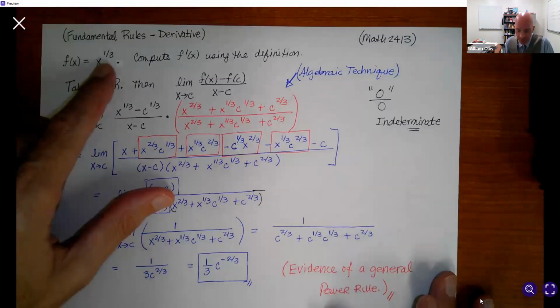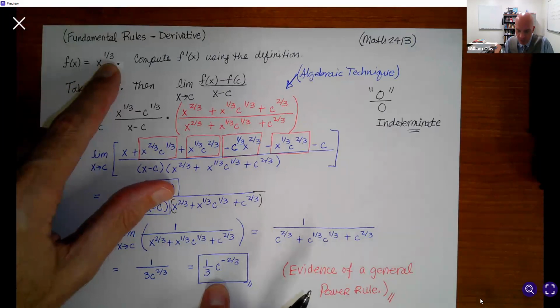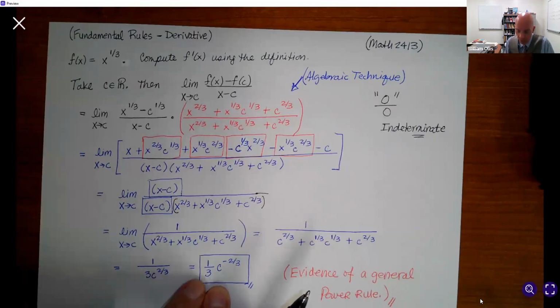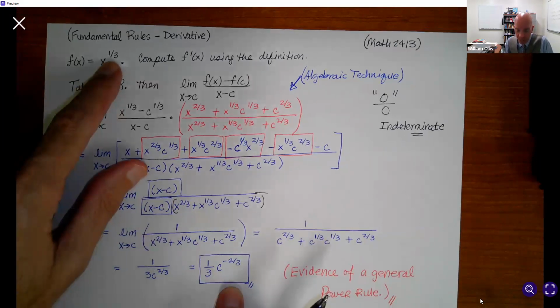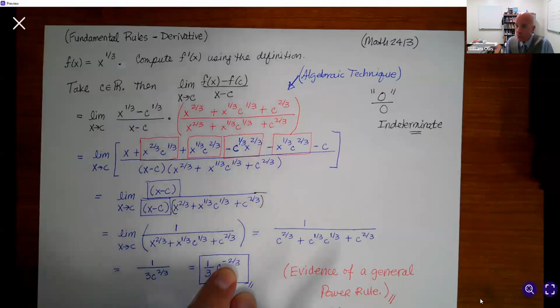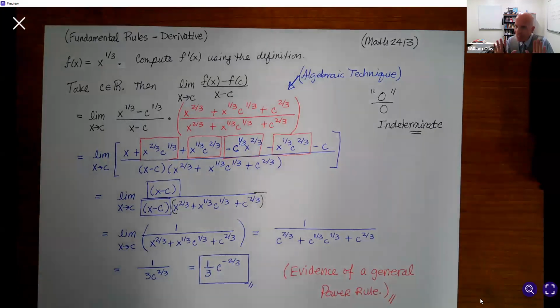And so if you compare here, it appears that the 1/3 moves to the coefficient, and then we subtract 1 from 1/3 to get a negative 2/3. So that gives you some idea about the power rule.